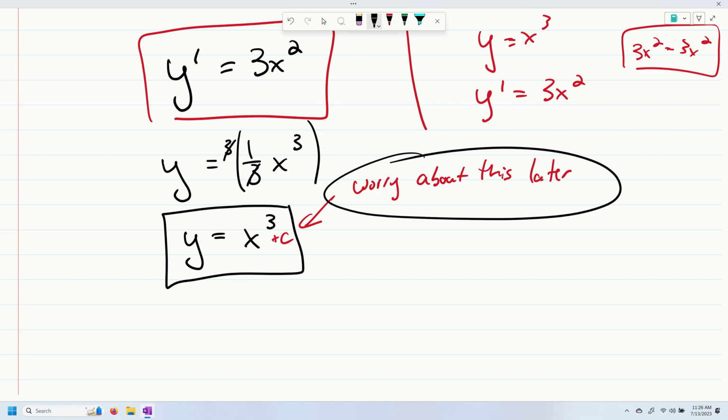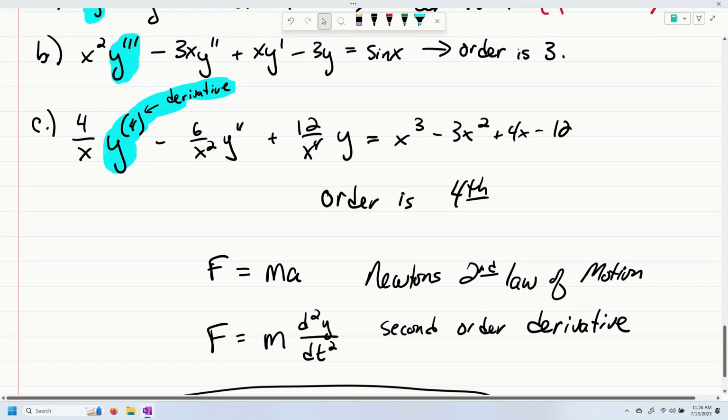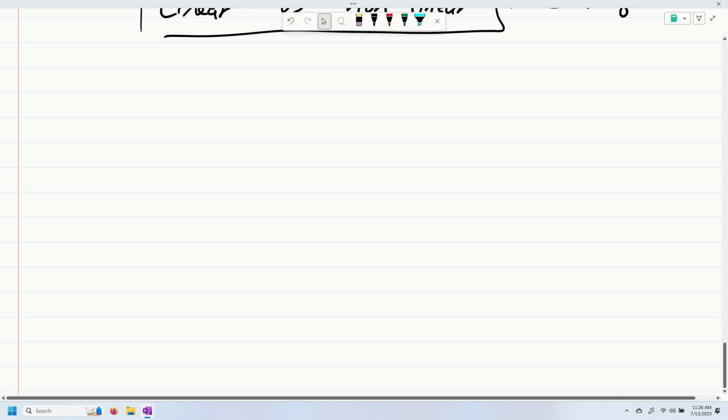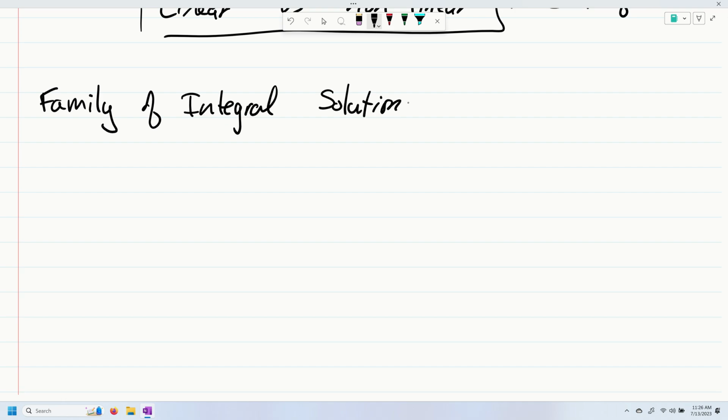And if you remember from Calc 1, even at the very beginning of this semester, when I was talking about indefinite integrals and how there's more than one solution, that's because you get what we call a family of integral solutions. So let me show you what this means.